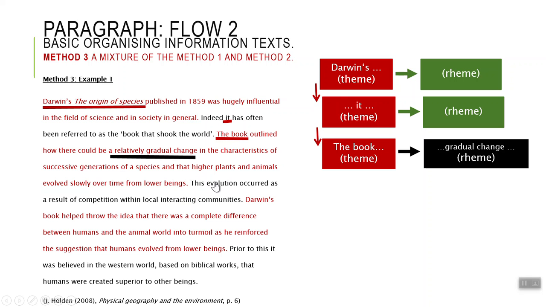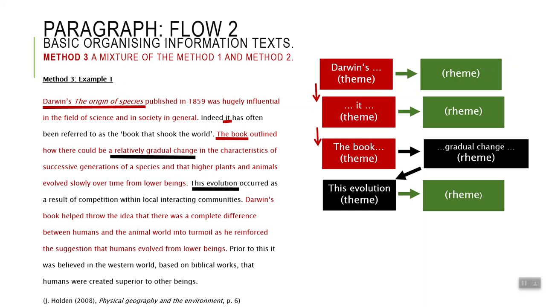What evolution? It's no longer talking about the book anymore. The book is no longer in the theme in this sentence. You can see this evolution, gradual change. So you can see right away pattern 1 or method 1. This evolution occurred as a result of competition with local interacting communities.